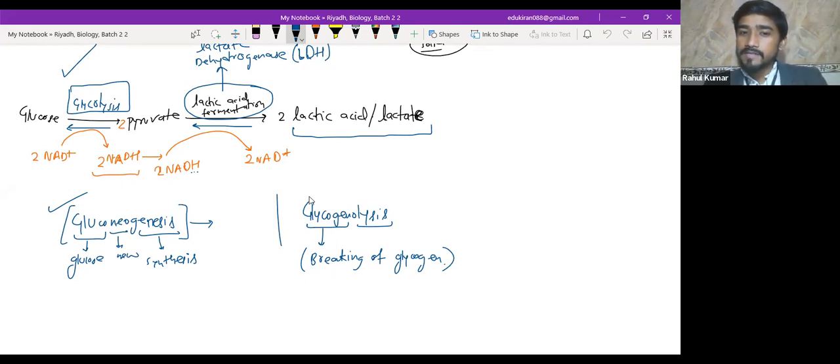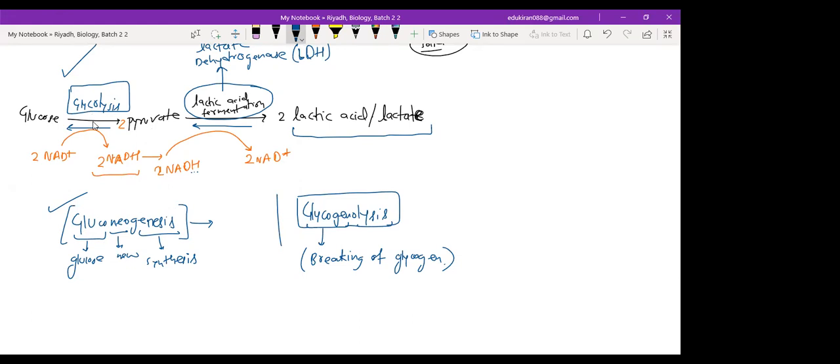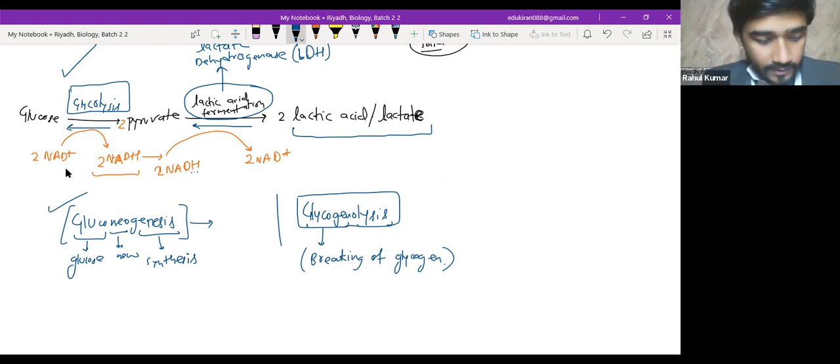So glycogenolysis happens when we are breaking down glycogen in the liver. Gluconeogenesis happens when we are making new glucose from lactic acid in the liver using LDH. And glycolysis happens when we are breaking glucose into pyruvate in the cell. Is it clear? Everything is clear? No doubt. Okay, now write down.